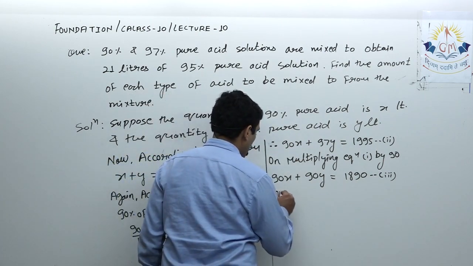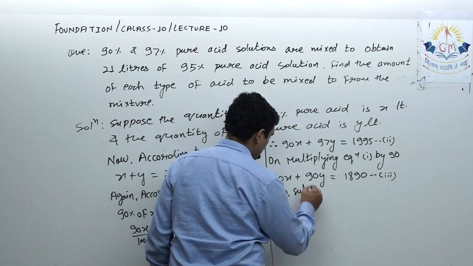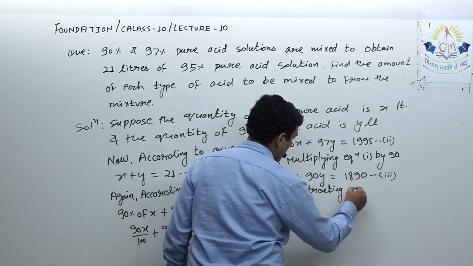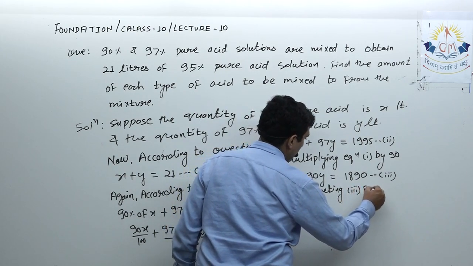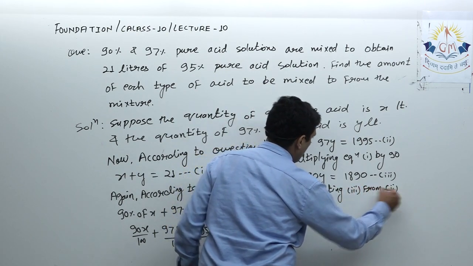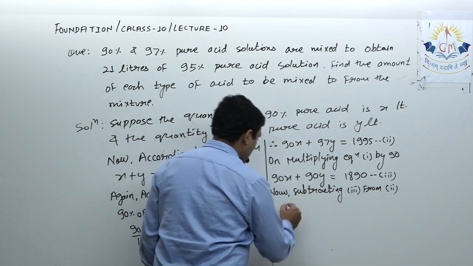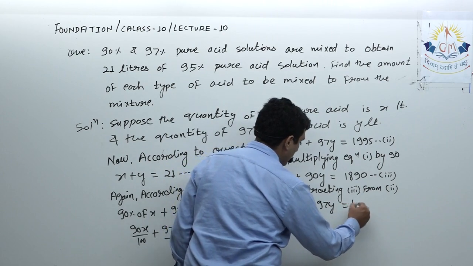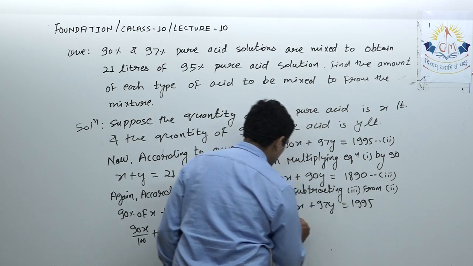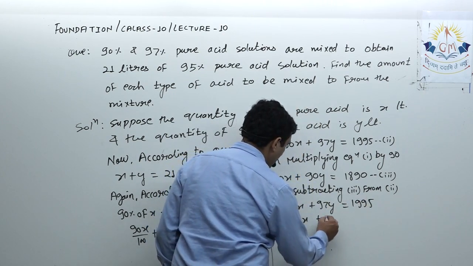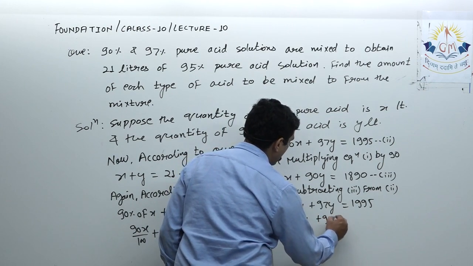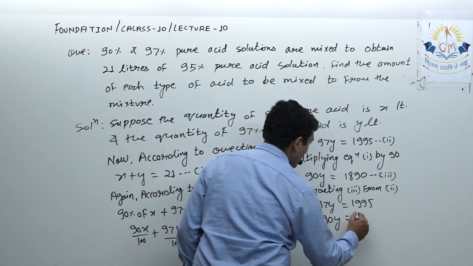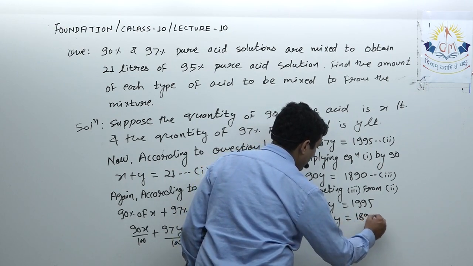Subtracting third from second: 90x plus 97y is equal to 1995, and 90x plus 90y is equal to 1890.